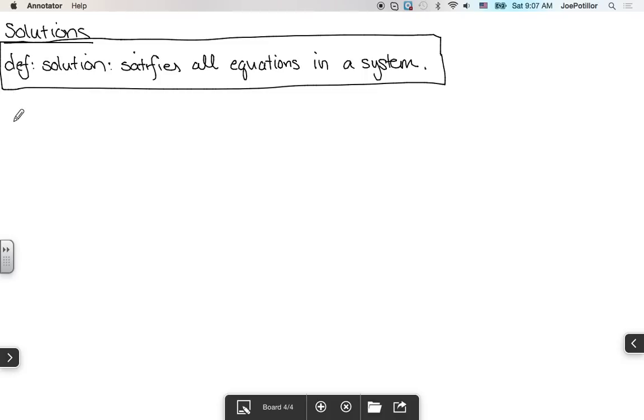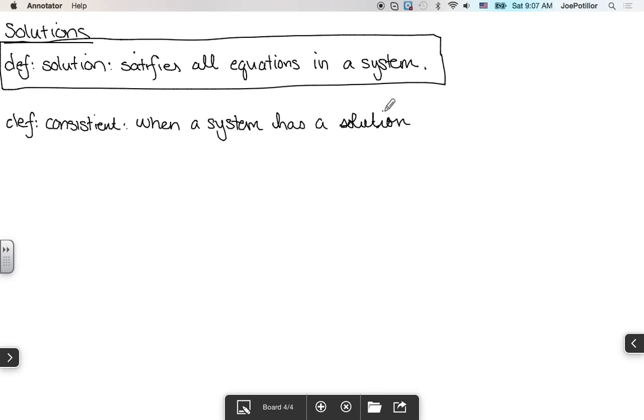Of course, consistent is when the system has a solution, and then inconsistent is, of course, when the system does not have a solution.